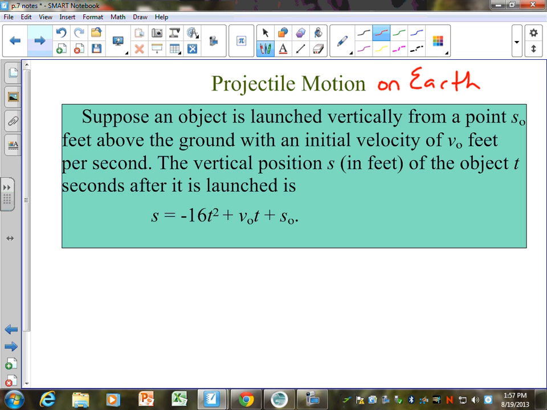It's like S sub-zero, meaning the starting.